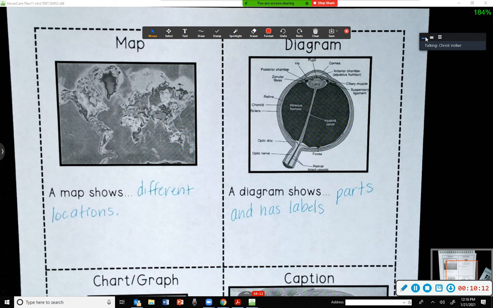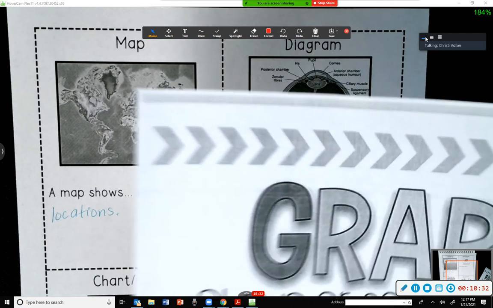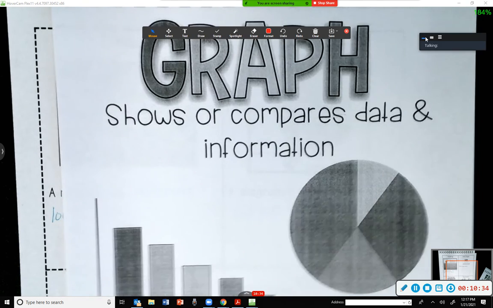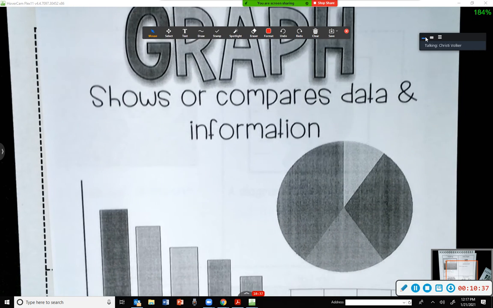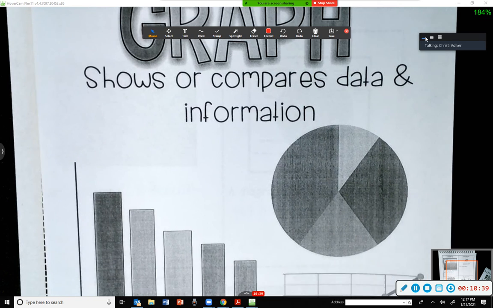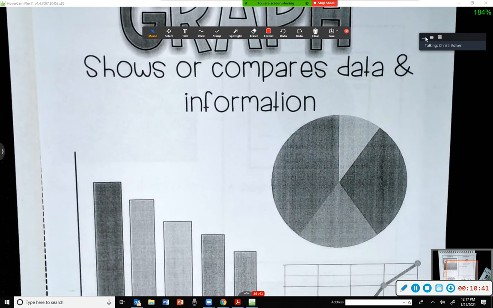Got that? Okay, a chart or a graph. That's pretty self-explanatory. We've seen those in math too. What's a chart or a graph? A chart is a thing that names something like day, or how many days, and students, and numbers the thing. Good, yeah. It compares data and information.